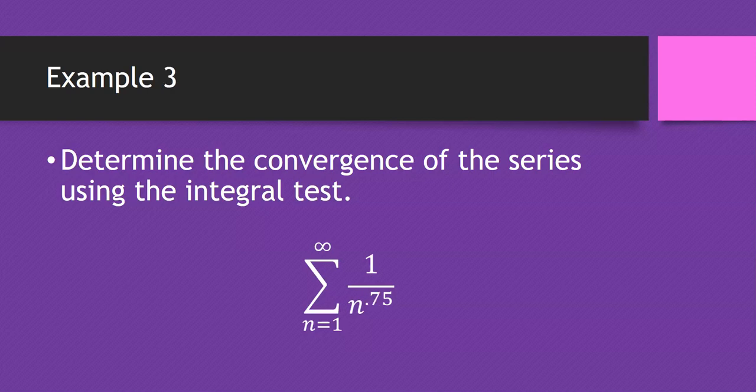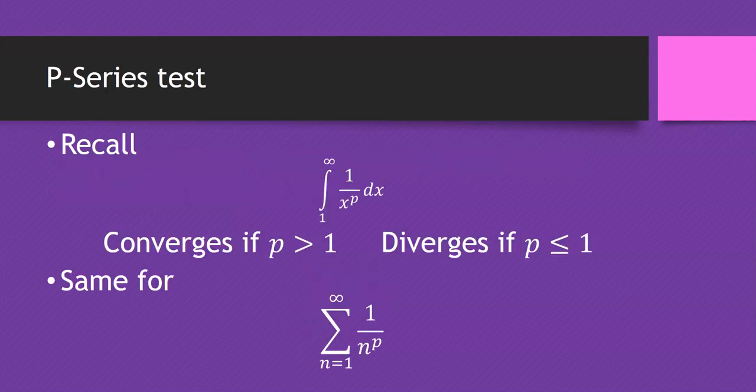And if you remember what happened there, when we integrated 1 over x to the p from 1 to infinity, that converged whenever p was bigger than 1, and that diverged whenever p was less than or equal to 1.